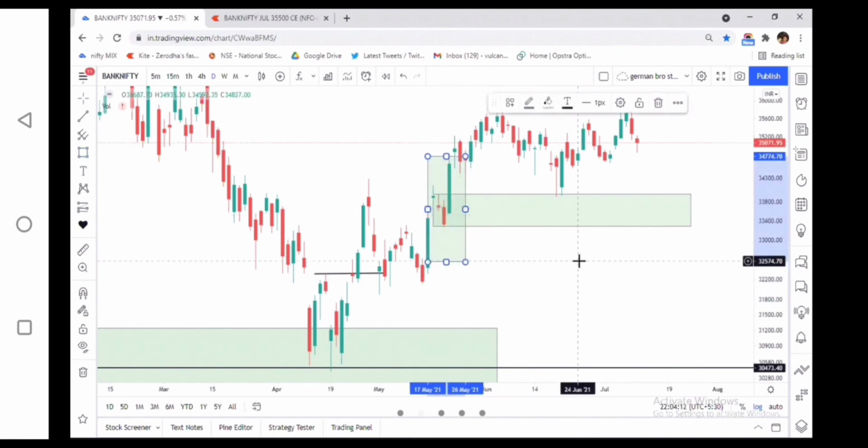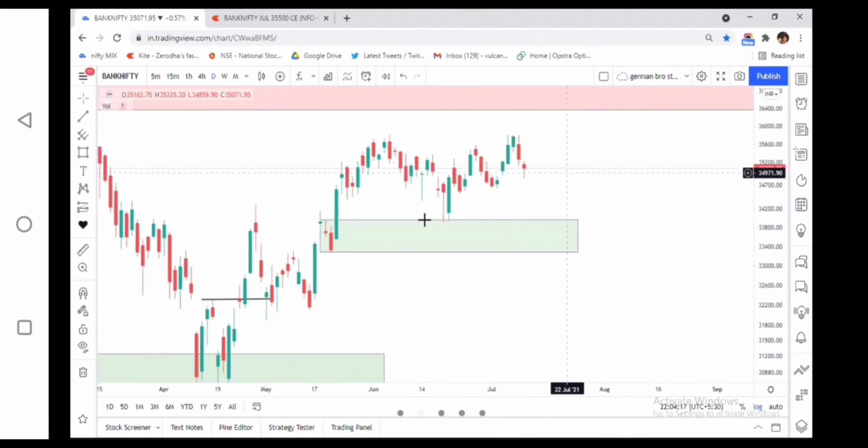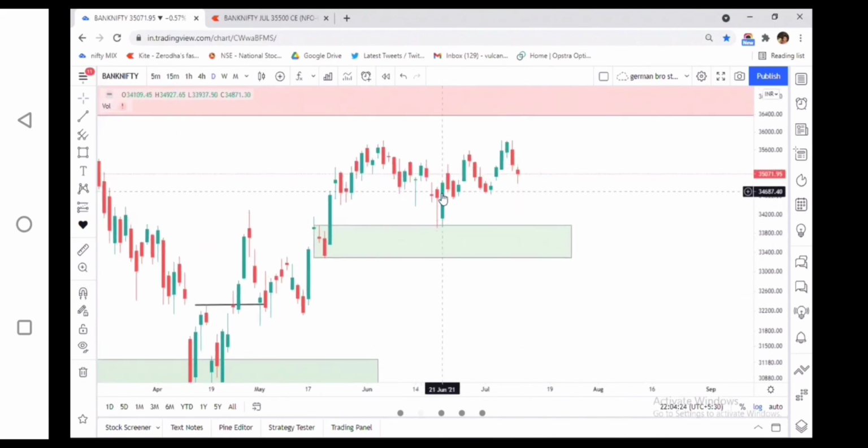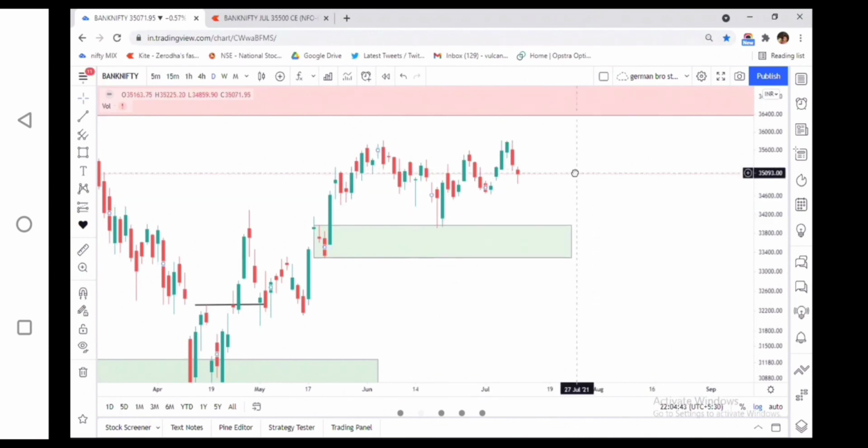This is my standard structure, and price touches it and goes away. That point was for the scalpers to book profit.